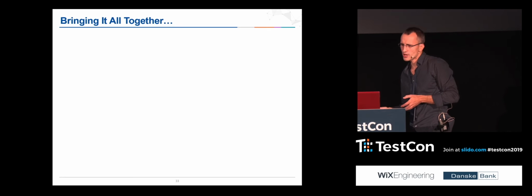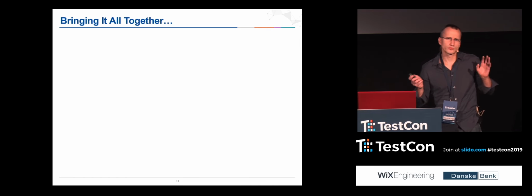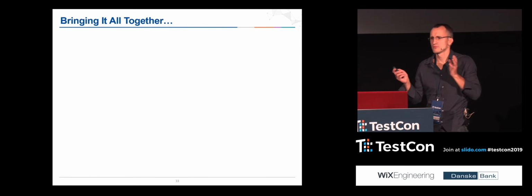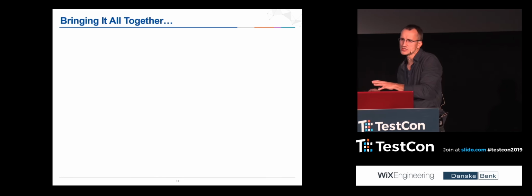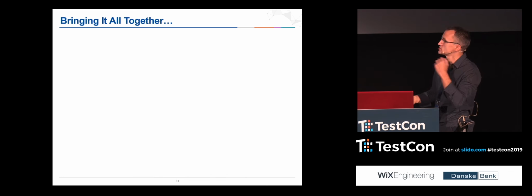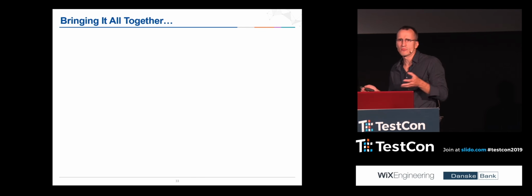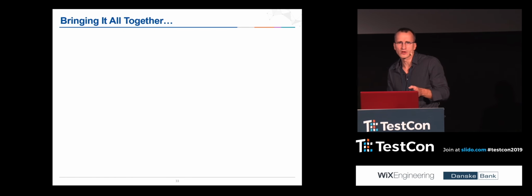So let's bring it all together. When we generated 60 jobs that satisfy our needs, they will select some proper data and execute the test cases that we want to. We also want to run them in one bulk, right?